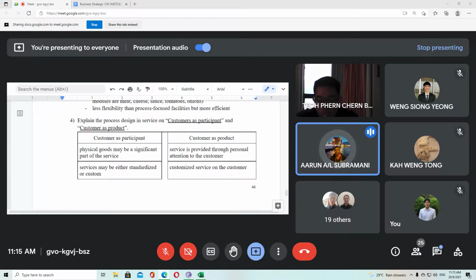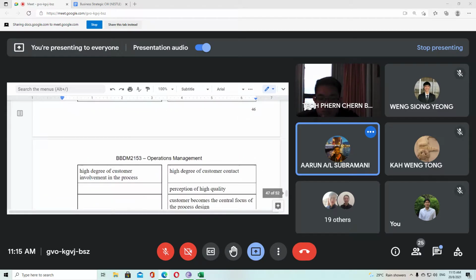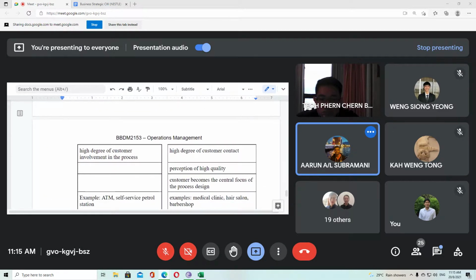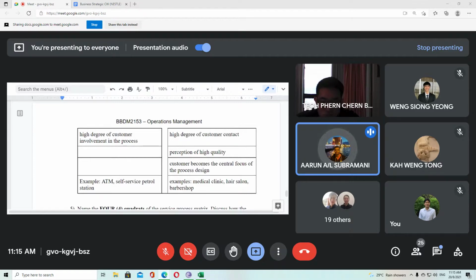For the customer as participant, the second point is services may be either standardized or customized, while customer as product is customized service on the customer. The third point is the high degree of customer involvement in the process for the customer participant. For the customer as product, it is a high degree of customer contact.